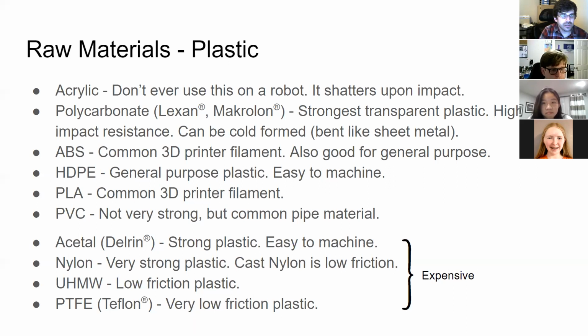Yeah, ABS is super common, very general purpose. It has decent mechanical properties. And like Stuart said, if you have a plastic thing in your house, it's very likely to be ABS. And because it's common, it's relatively cheap as materials go. HDPE, it's high density polyethylene. I couldn't tell you what ABS stands for.